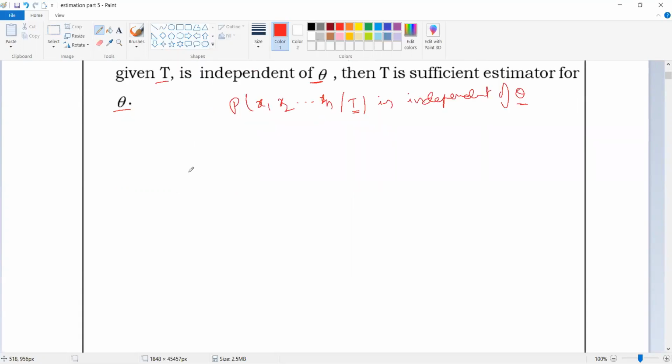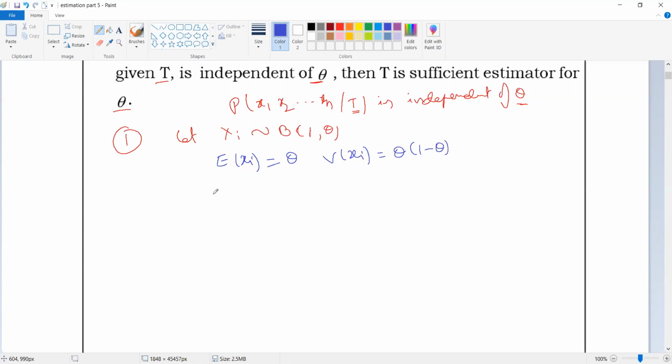So for example, I am giving one example using this definition to identify the sufficient estimator. Let Xi follow a Bernoulli distribution with parameters 1 comma theta. Now E of Xi is equal to theta, and variance of Xi is equal to theta into 1 minus theta.